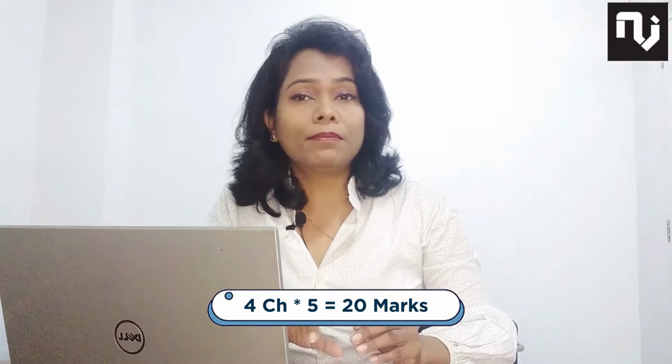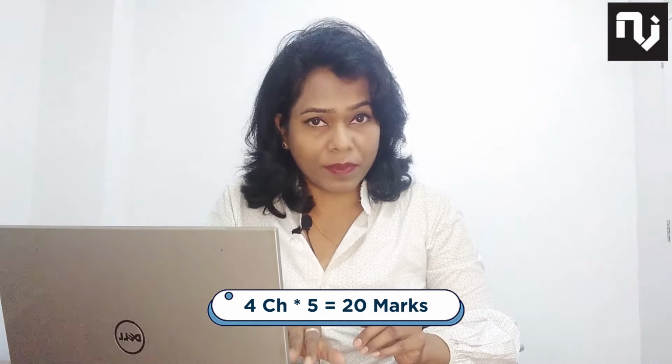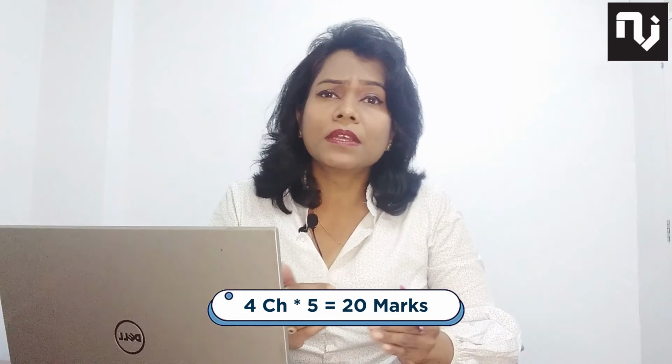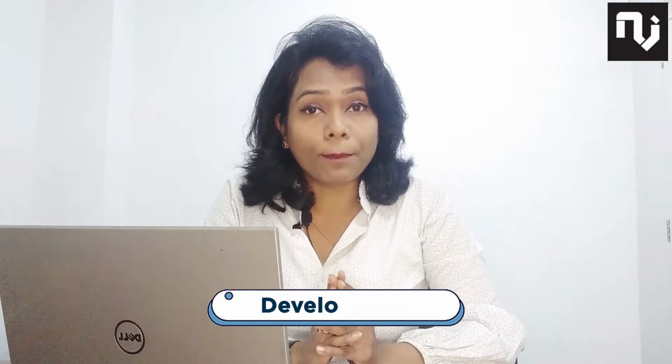It is not compulsory that every time they will give you 5 marks, they may give you 6 or sometimes 4 also for a lesson, but you can think that these 4 chapters will ensure your 20 marks completely. Okay, so I hope now this will help you understand how to go about the subject the full year. Now we are going to start with the first chapter, which is called development.